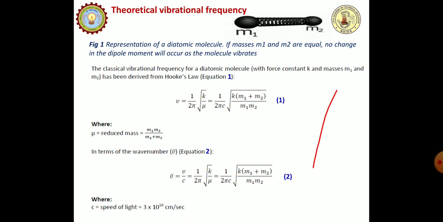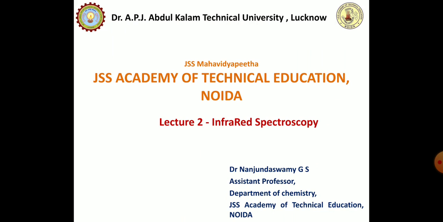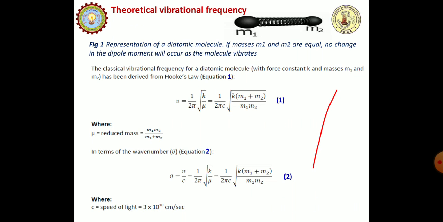In Hooke's law, mu is equal to 1 divided by 2 pi times the root of k divided by mu. Here the first mu represents the vibrational frequency. Pi is 3.14, which we already know.